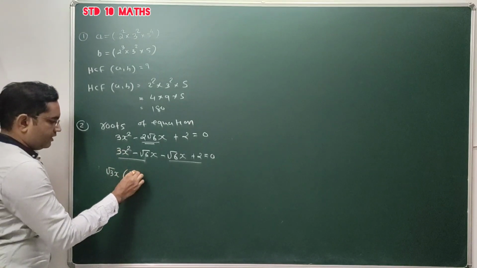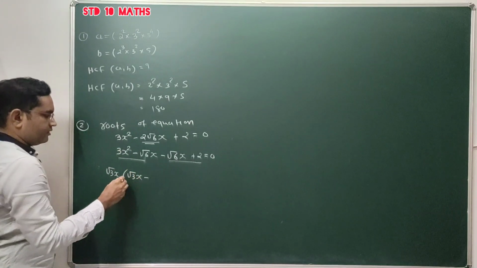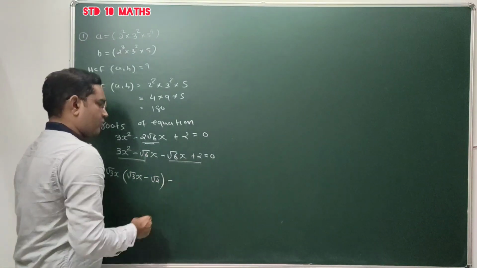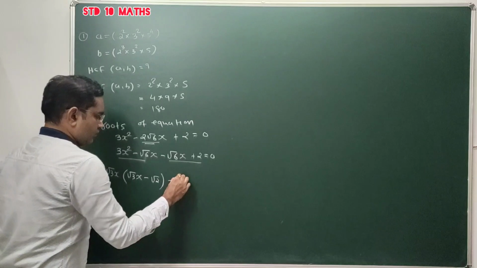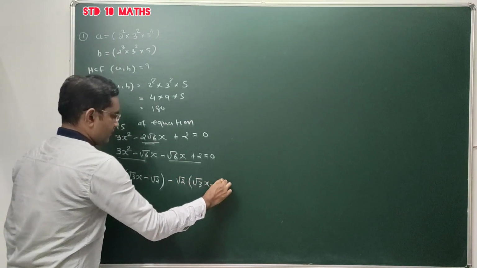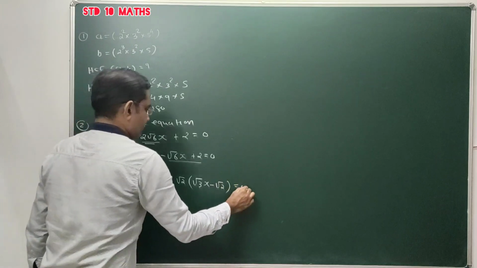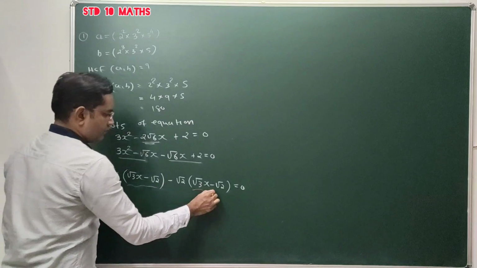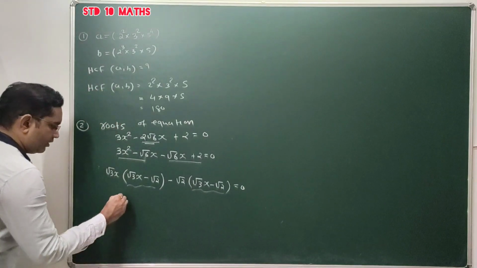So the remaining terms are root 3x minus root 2, minus, here the common factor is root 2. So the remaining terms are root 3x minus root 2 equal to 0. Now we can take this root 3x minus root 2 as a common term.